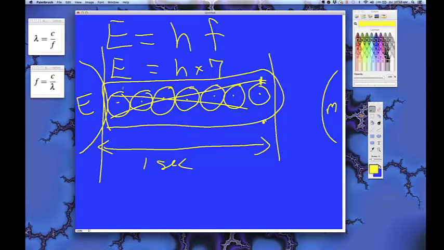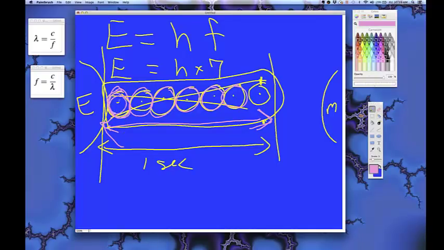Or it could be 1 photon. So at one period it's here, at the next period it's here, and here and here. Okay, so this is the energy of 1 photon as the number of times it's oscillated in a 1 second time interval. So this cannot be the photon.